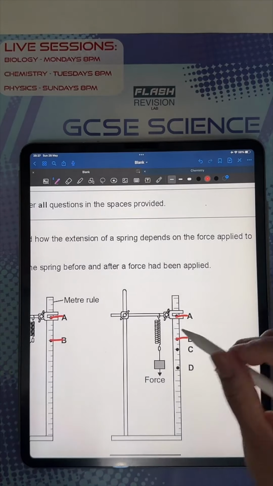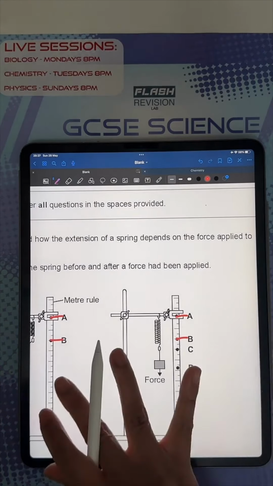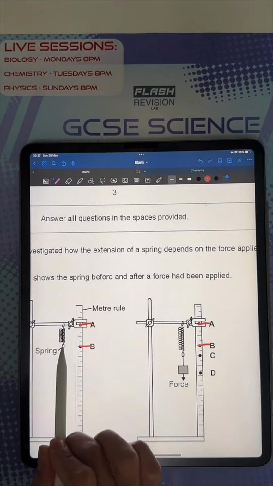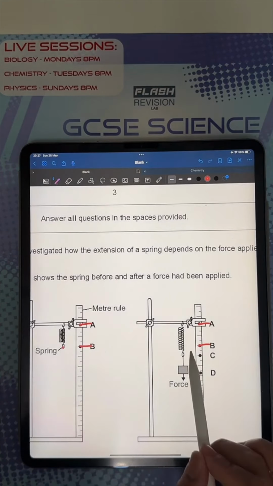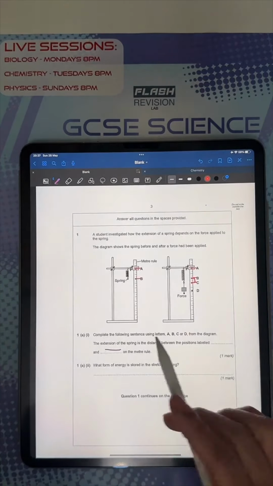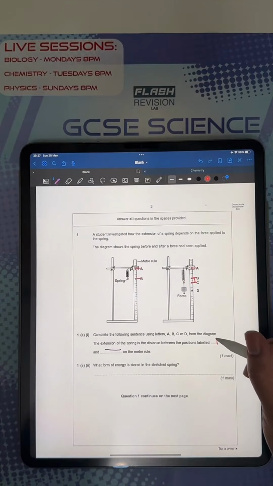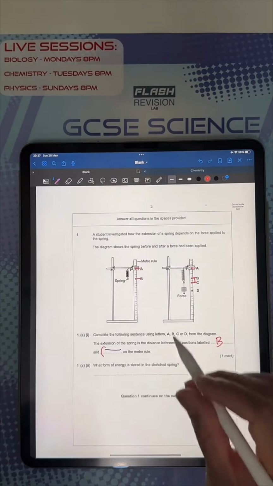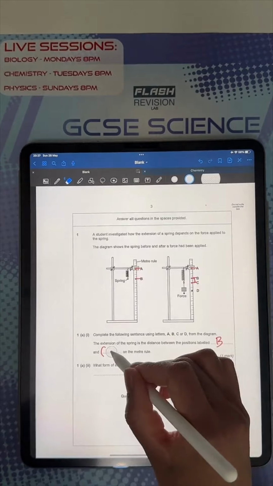B to C, yeah, exactly, because that's what it's stretched to. You see the point that it's at, it's on the ring of the spring. Here is the ring of the spring, so that's the extension from B to C. So the answer is positions labeled B and C.